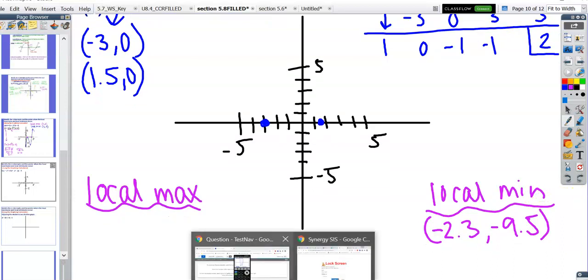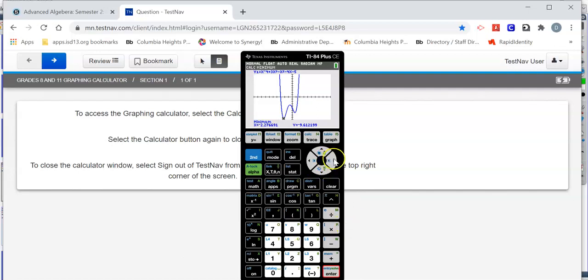We'll calculate the local maximum. I'm going to hit clear so all that information goes away. And then second calculate again, go with the maximum. Always start off with the left bound, so get close to the maximum, but on the left-hand side of it. Once we turn around and start coming back down, we can hit enter again for the right bound and then calculate.